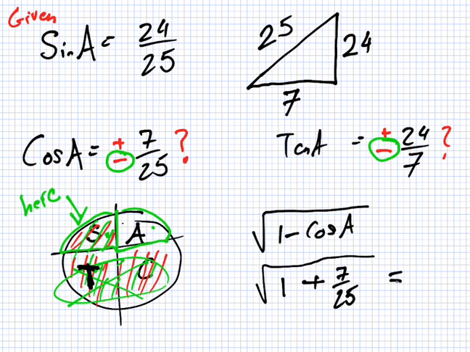The answer will be 4 square root 2 over 5. Oh, it's not a nice number. It'll be, what is it? 32 over 25? No, 4 square root 2 over 25. Hold on. What is it, Yusuf? 4 square root 2 over 5. Like this. And it's going to be negative.